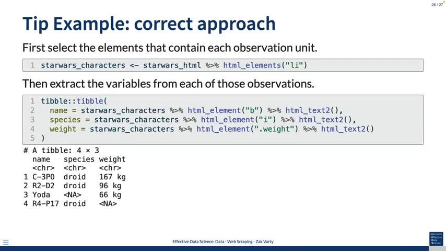What we should do instead is start by extracting all of the list item elements using html_elements, plural. And then once we've done that, we can use html_element, singular, to extract each variable for all of the characters. If we do this, then our variable values will be padded with NAs, and that means that we can collate them into a single tibble.